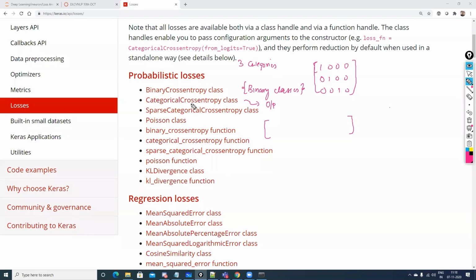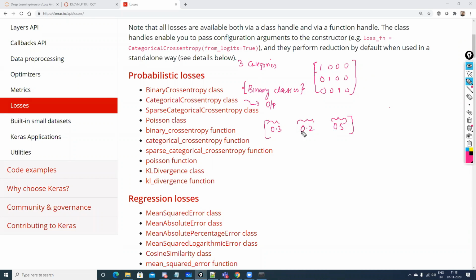At the end of categorical cross entropy, whenever you are applying a loss function, your output will come like this. Suppose I have 3 categories, maybe 0.3, 0.2, 0.5. You'll be getting multiple probabilities like this.